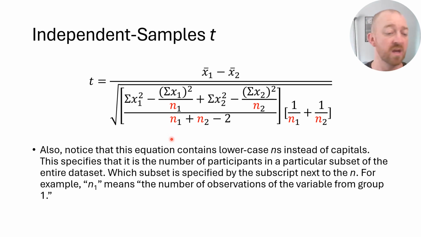In other words, if I were to include all of the observations of the variable, that would be a capital italicized N. If I have a lowercase italicized n, that is a subgroup of the entire group. And of course, I specify who it is by the little number there. So what I see right here is everybody who was in group 1, or the number of observations I had for group 1. And this little guy is the number of observations I had for group 2. Very straightforward, no big deal.